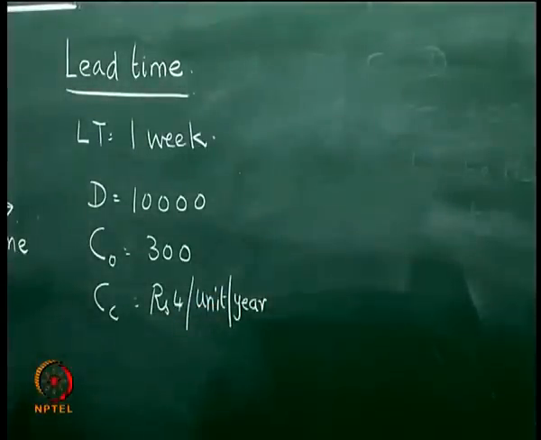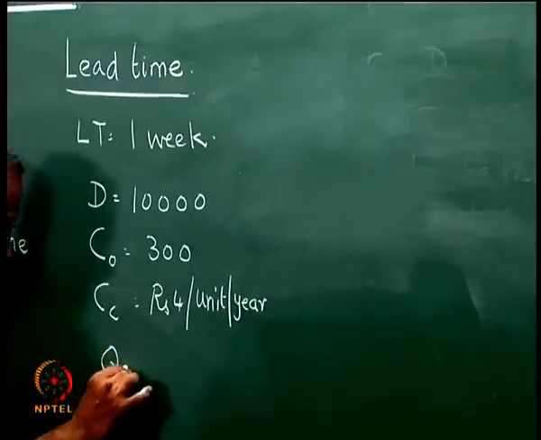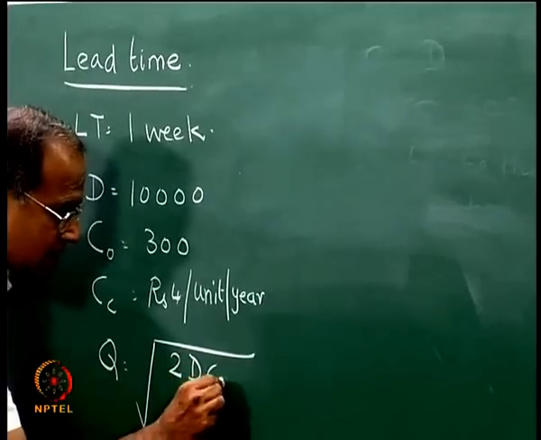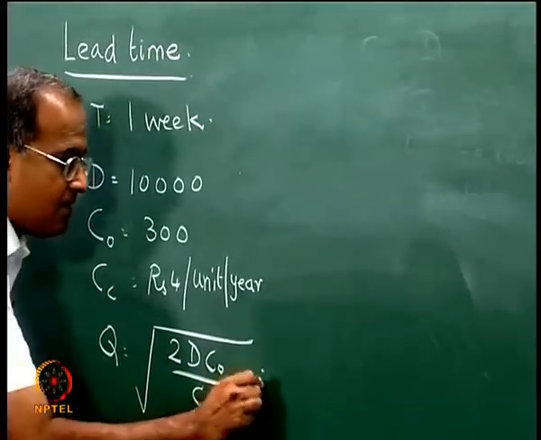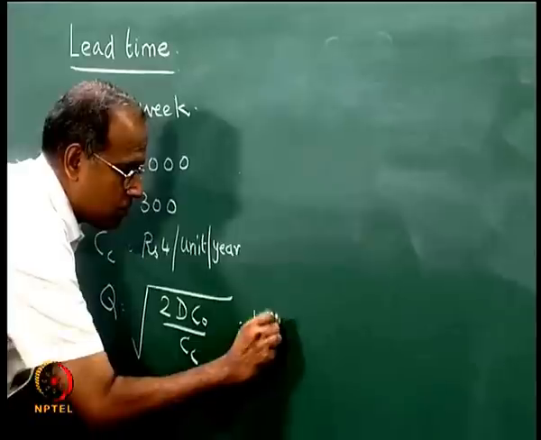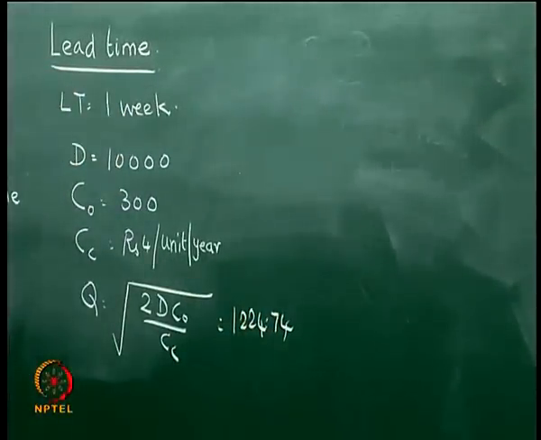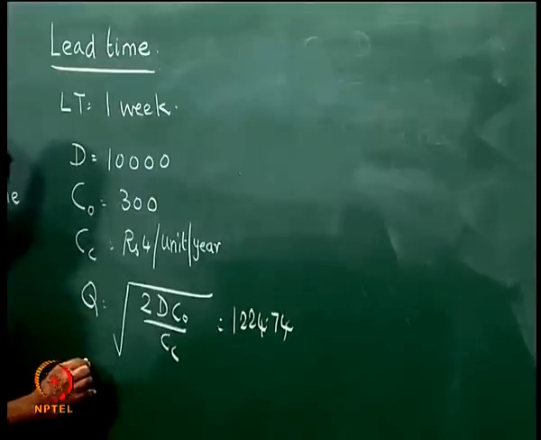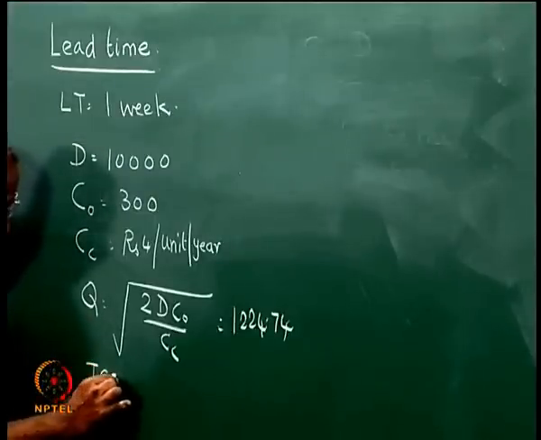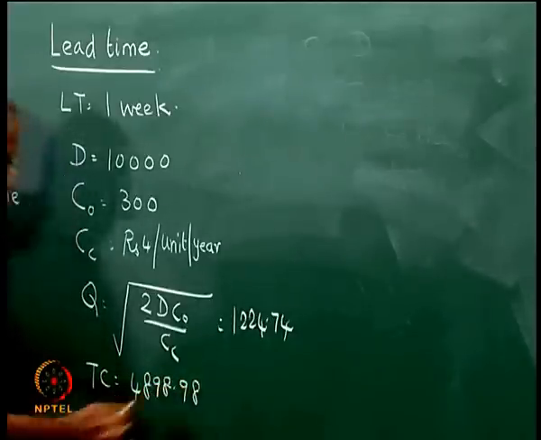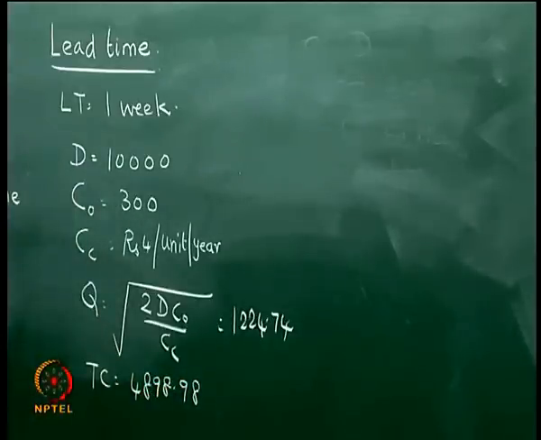This gave us the economic order quantity Q as root over 2 D C naught by C C, which is 1224.74, and total cost of 4898.98, which is the sum of the order cost and the inventory carrying costs.